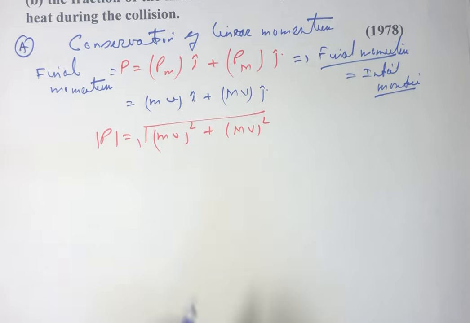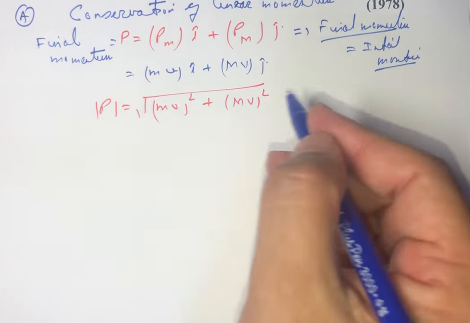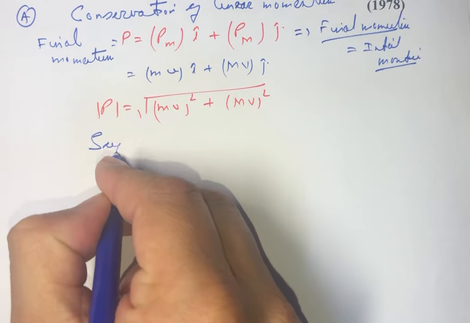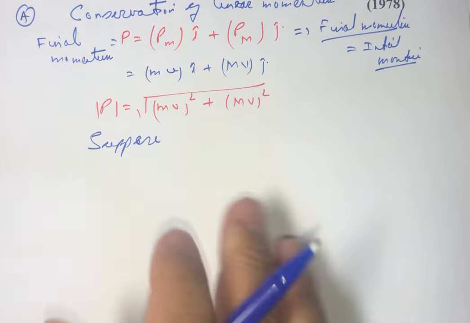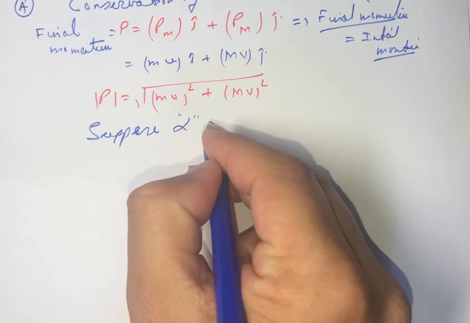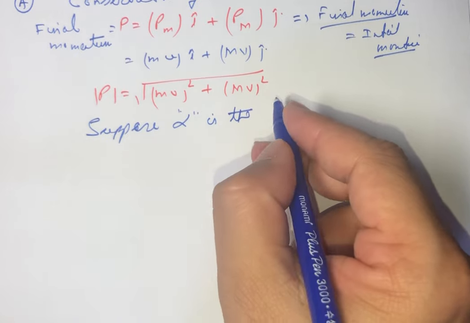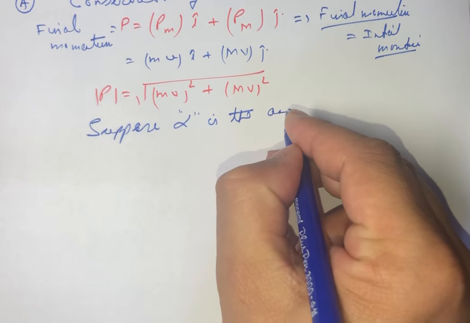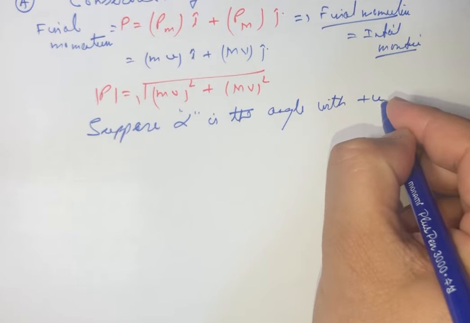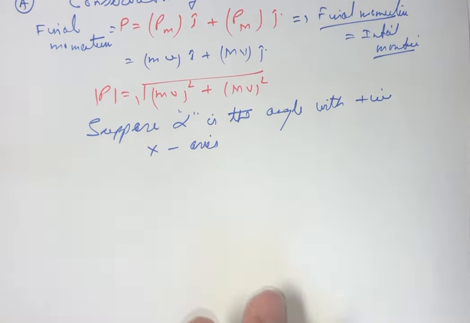So we got the magnitude, and let's find out the direction. Suppose alpha is the angle with the positive x axis.